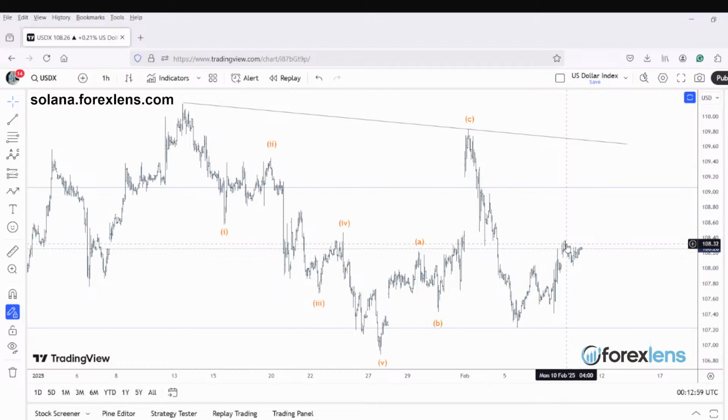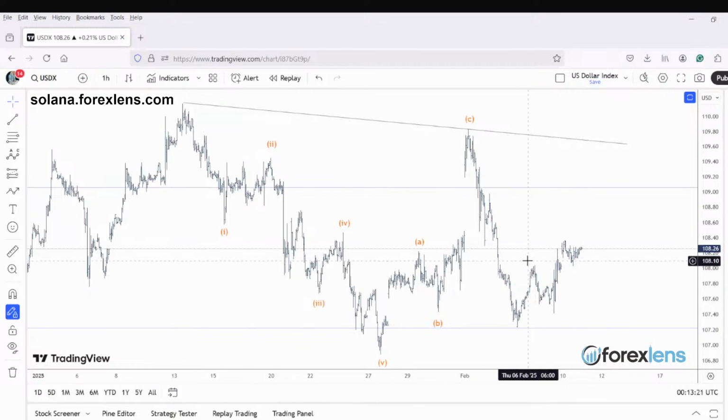And that brings us to a conclusion that the third wave is just around the corner. And if that's correct, we should be seeing an electrifying drop through 105 levels.